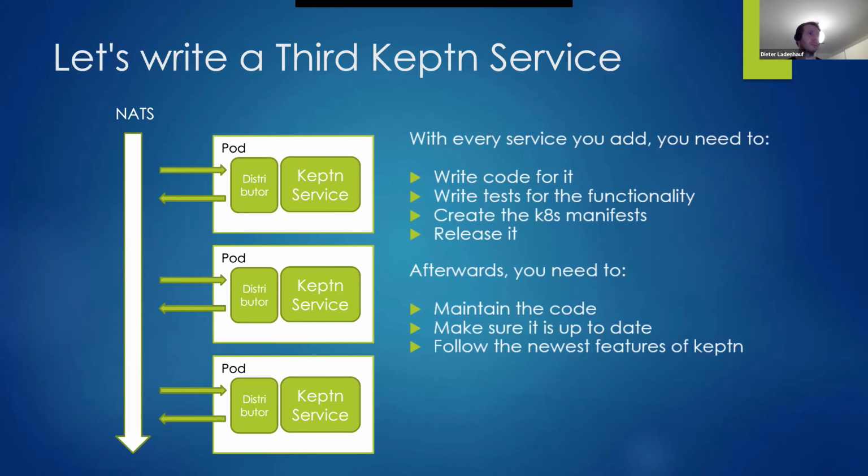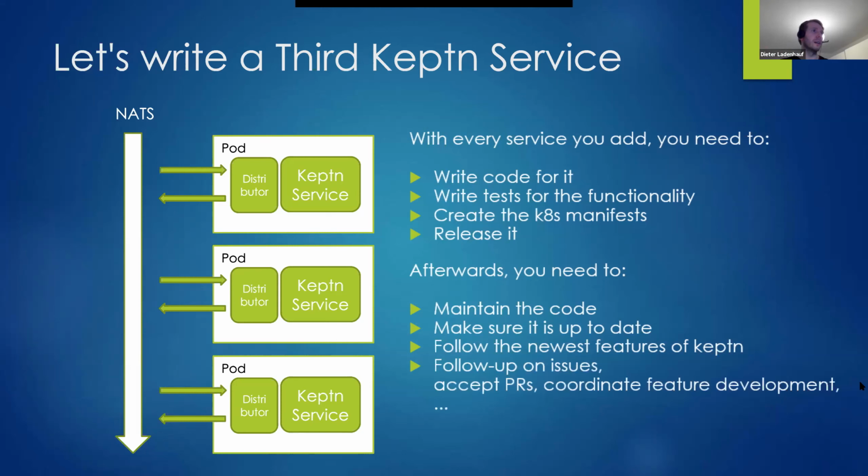Also, ideally follow the newest features of Keptn, because the new feature you could potentially also use in your service, which makes your life easier. And of course, all the work together with the community, follow up on issues, accept pull requests, coordinate some feature development, and so on and so on. So there are a lot of things which come with it, besides writing code.